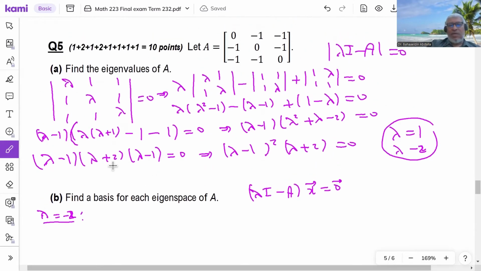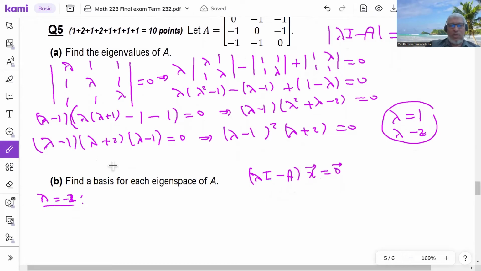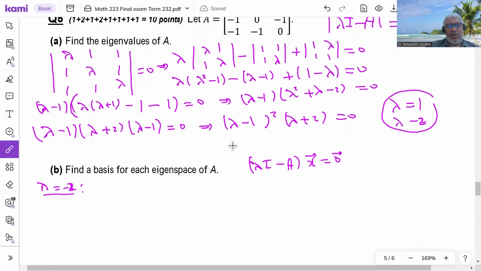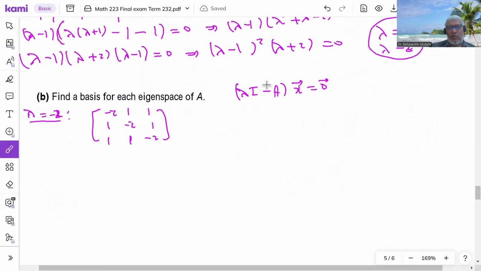So lambda here is negative 2, and this is lambda I minus A. So in this matrix, I replace lambda by negative 2. So I'll have negative 2, 1, 1, 1, negative 2, 1, 1, 1, and negative 2. This is the coefficient matrix.